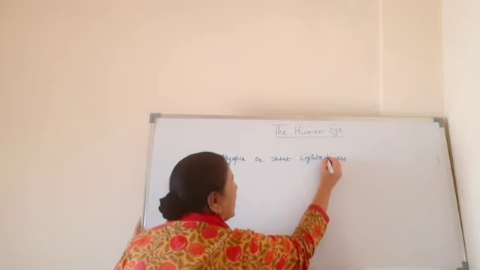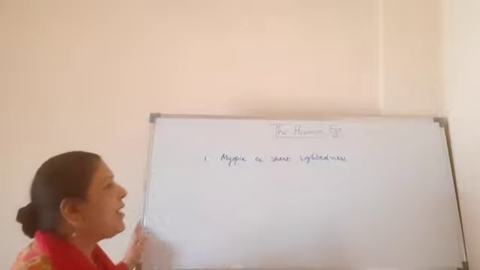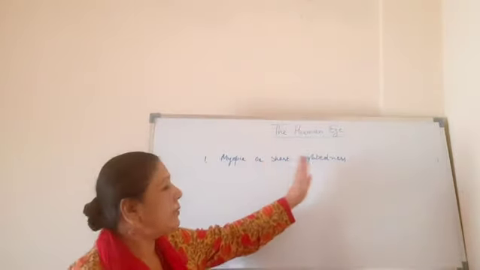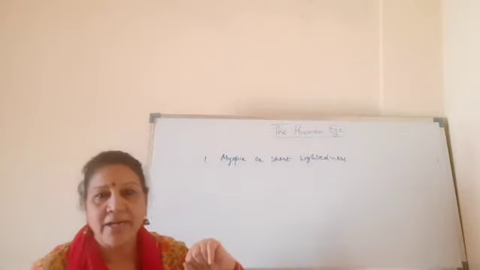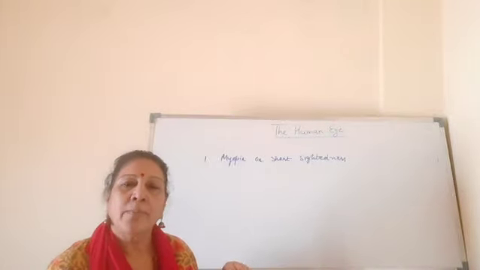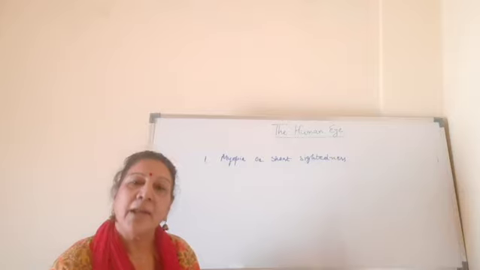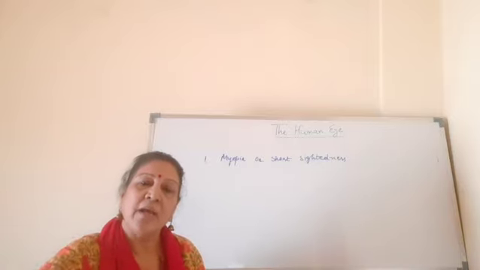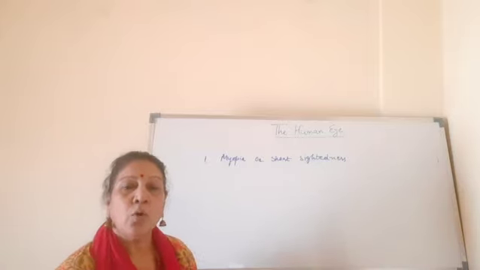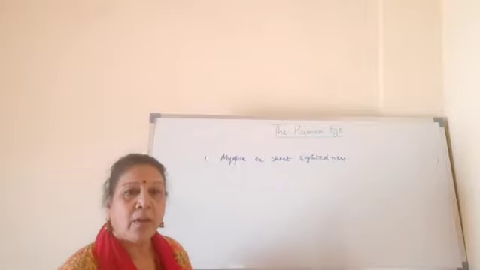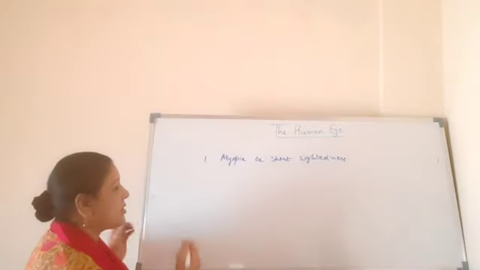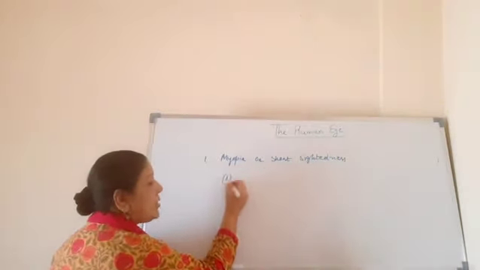What does it mean? It means that persons who are suffering with myopia or short-sightedness can see objects which are at shorter distances or close by, but are unable to see objects which are at a distant position. What are the causes for this?